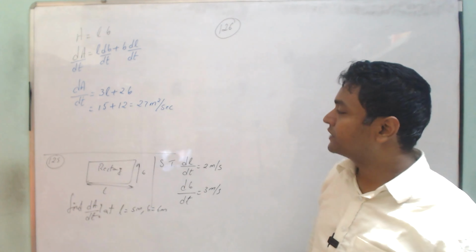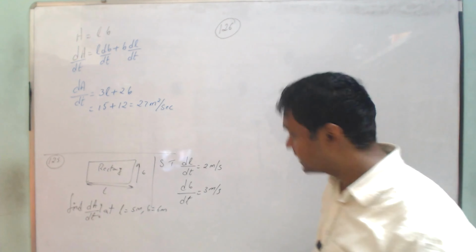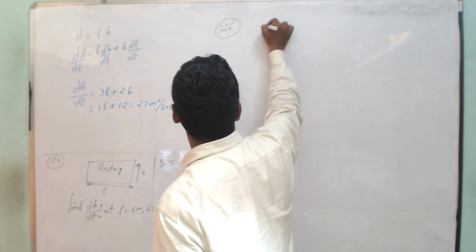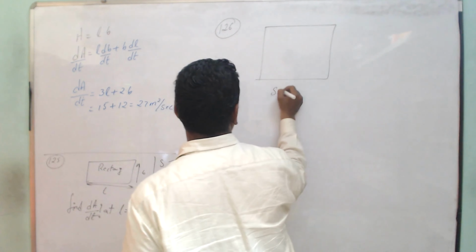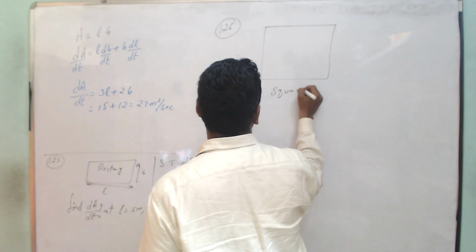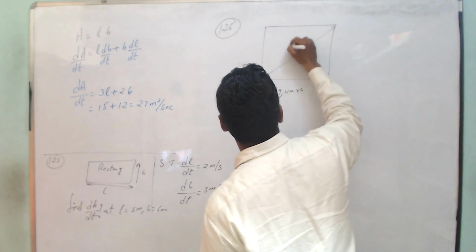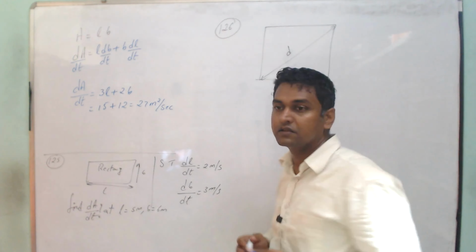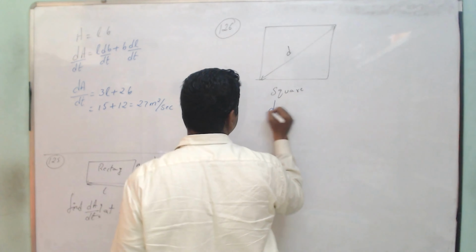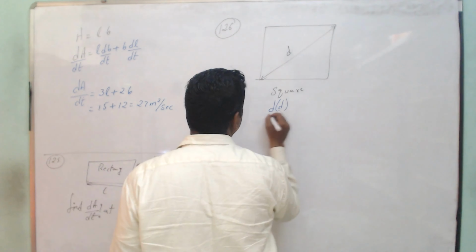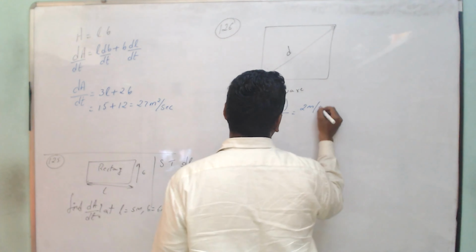Again, I'll give a different way of looking at it. So I have a square, and the diagonal of a square is represented by d. It is given that the rate at which the diagonal is varying is 2 meters per second.